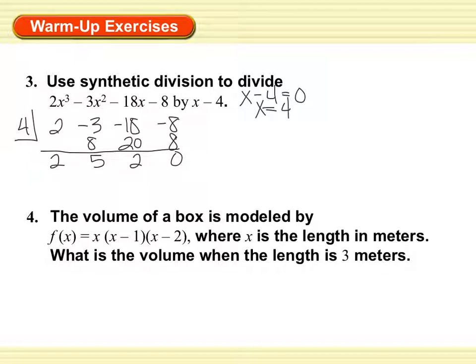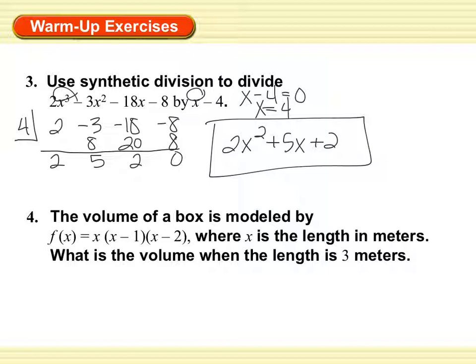So I just divided, if I started with a cubed, I've divided by first power, I have second power left. So 2x squared plus 5x plus 2. I don't have a remainder, so I actually don't have to do anything. That's my answer.